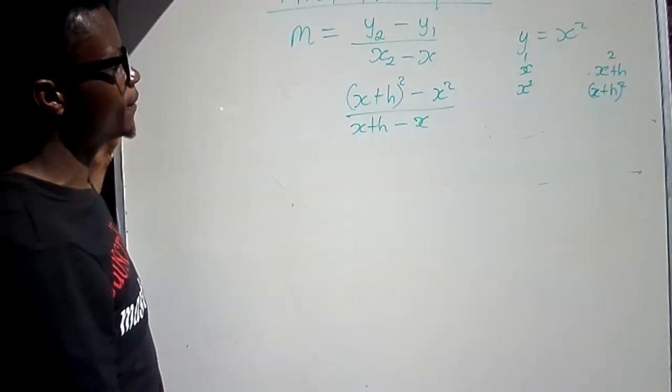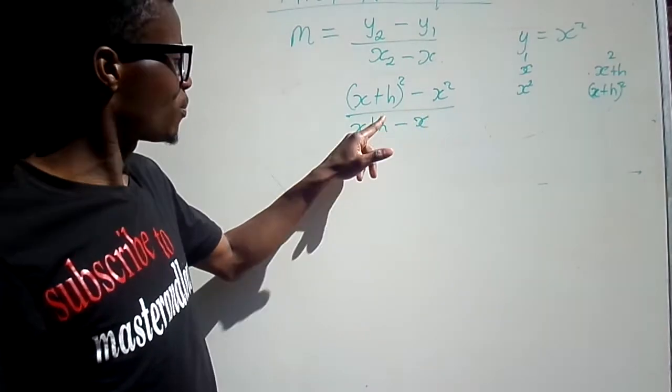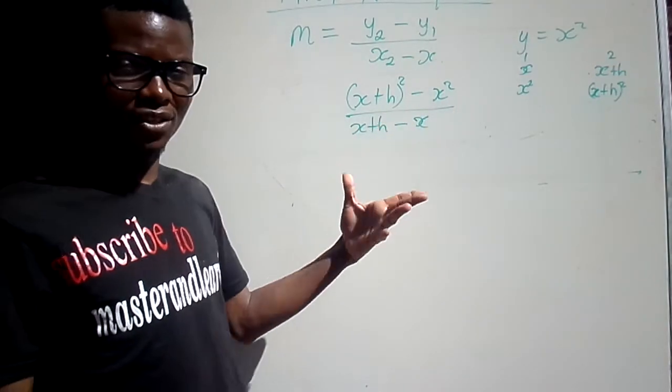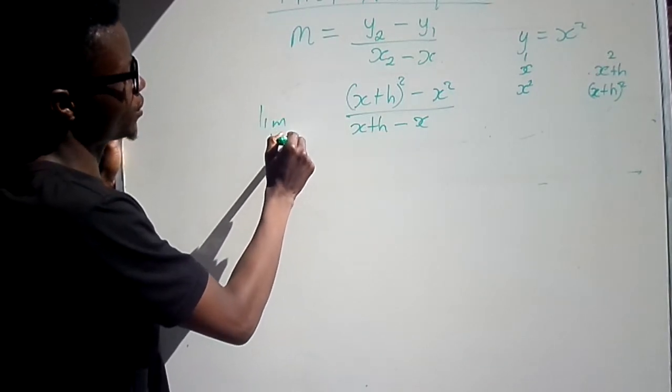If we simplify this, remember we want to set a limit to come to a point when this h finally is going to be 0. So we're going to set our limit when h tends to 0.